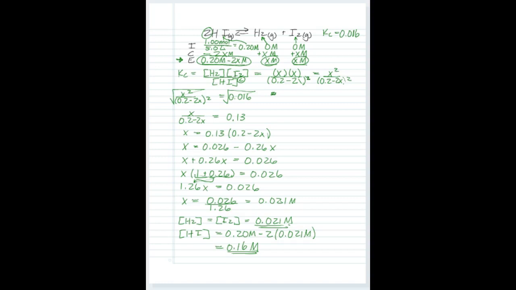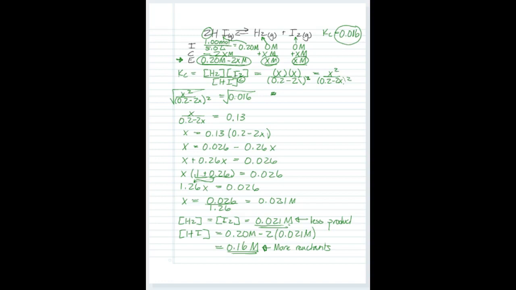Now let's go back up to our Kc and see if this makes sense. Our Kc is less than 1. Okay, it's a relatively small number. Does it make sense that given that we have more reactants than products, Kc would be small?